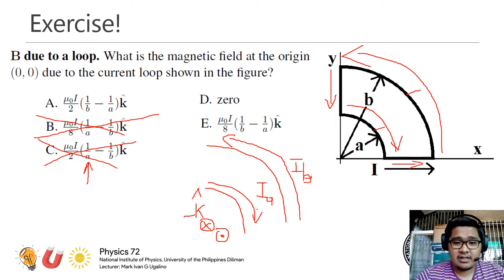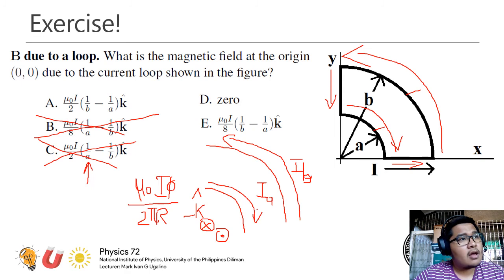At the origin. The reason is that for a bent wire, it's given by mu naught I phi over 2 pi r. Sorry, 4 pi r. There, it's 4 pi r.